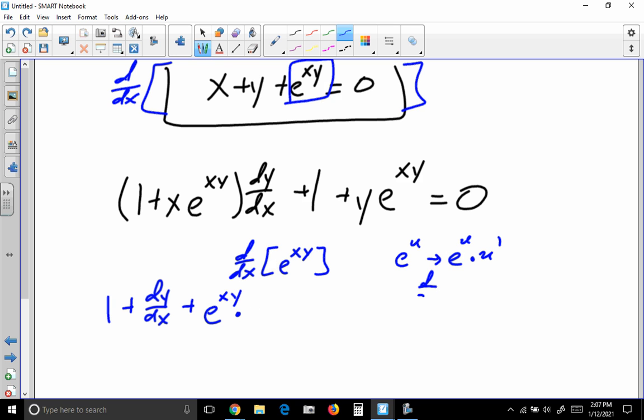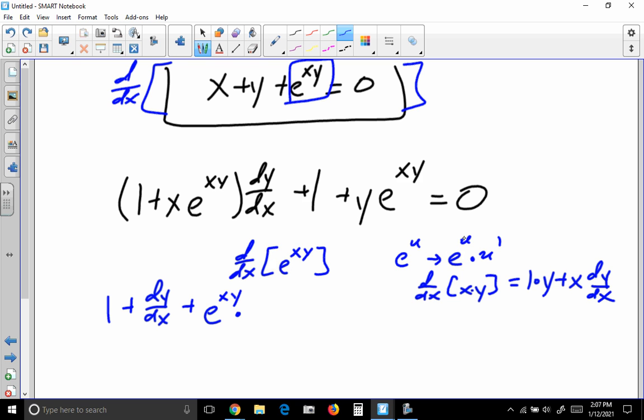Well, what is the derivative of xy? Well, that's a product, so the product rule. That's the derivative of the first times the second plus the first times the derivative of the second. Well, the derivative of y with respect to x is dy dx.